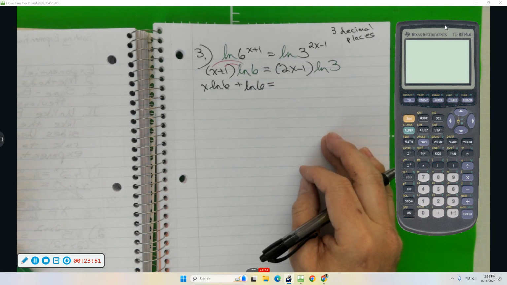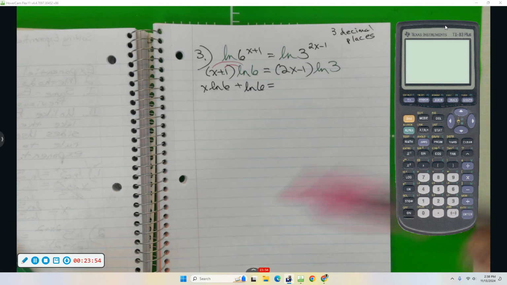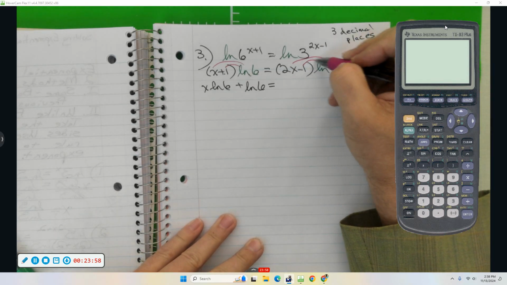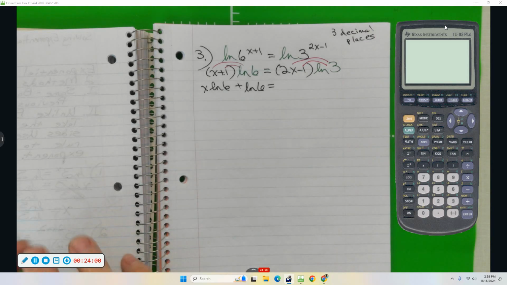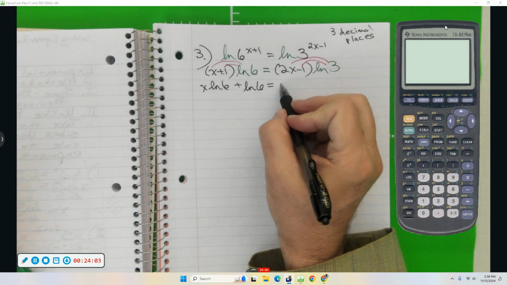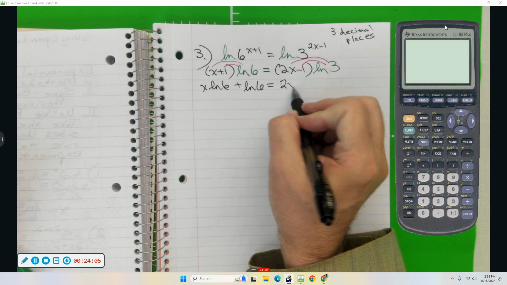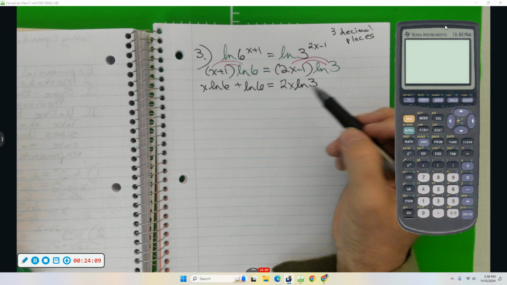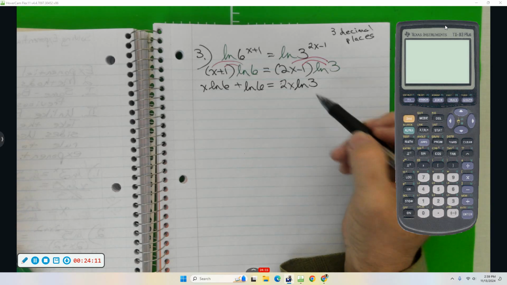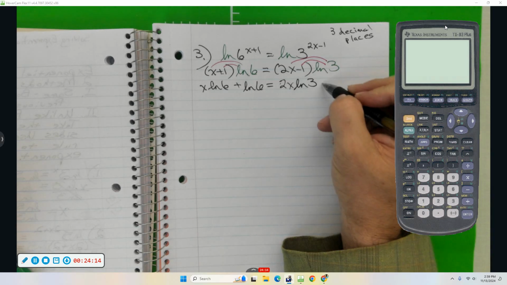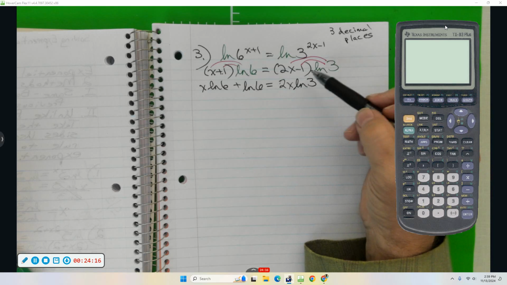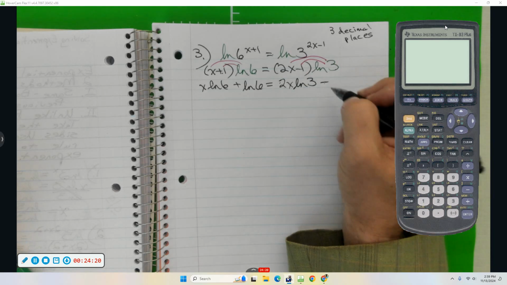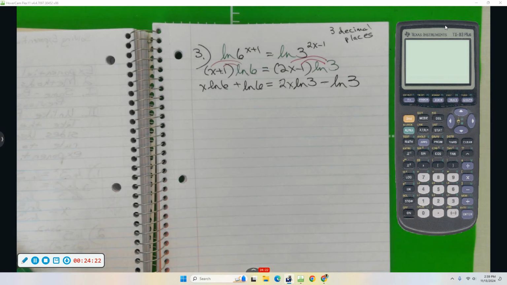You tell me what we're going to have on the right-hand side. We have 2x times ln 3 and a minus 1 times ln 3. Call it out here. 2x ln 3, good. Once again, don't get creative. You don't pick up an ln 6. It's just an ln 3 minus negative ln 3. Okay, that minus 1 times ln 3 gives me that negative ln 3.